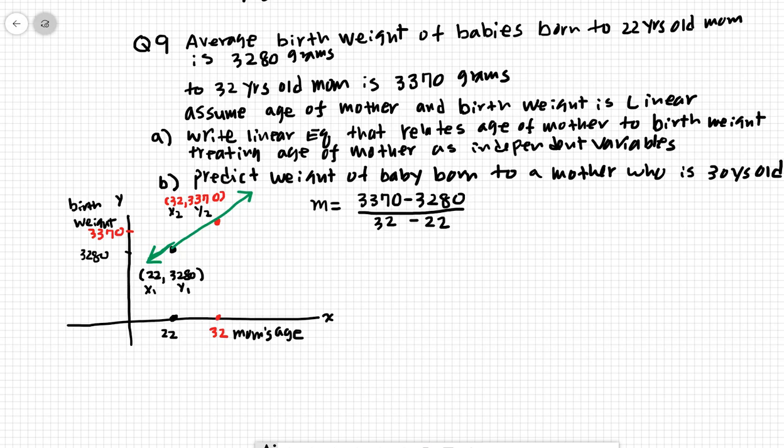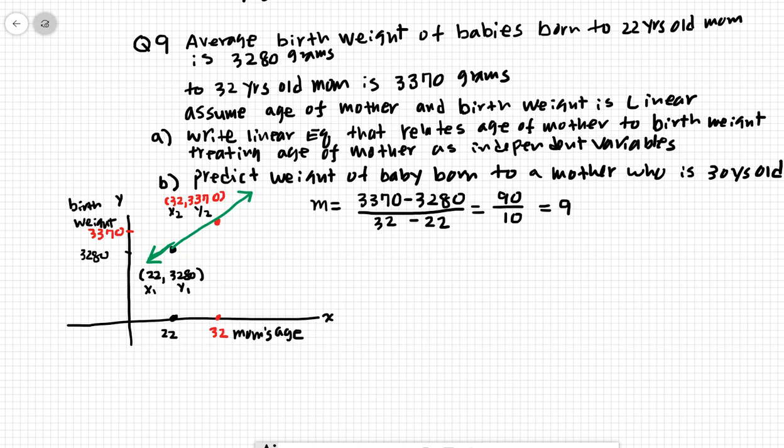That's our equation for the slope. 3370 minus 3280, I get 90. On the bottom, 32 minus 22, we get 10. So the slope is going to be 9.